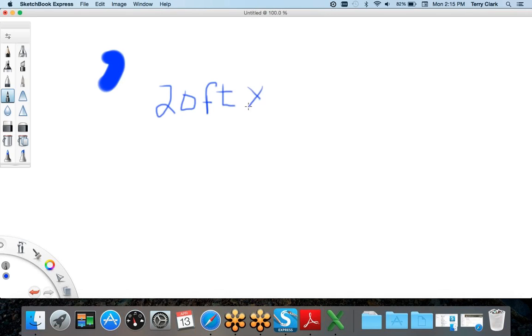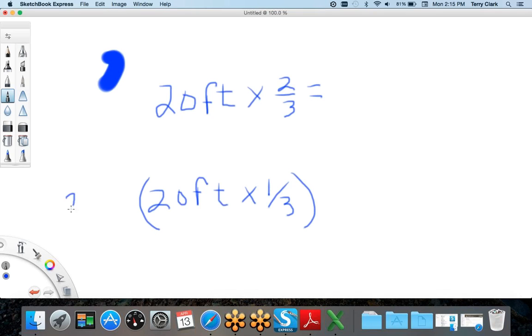We can take 20 and multiply it by 2/3, and that'll give us our decrease. Or we can take 20 feet, multiply it by 1/3, and then subtract that answer from 20 feet. So we could have done it that way.